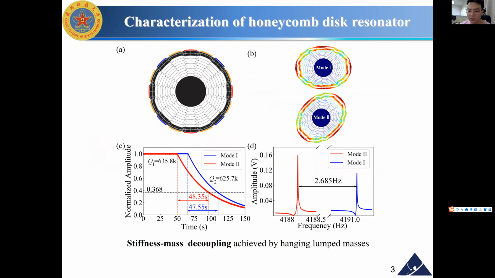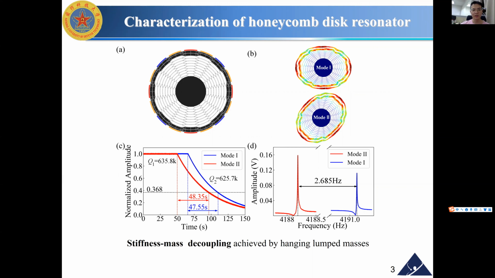The honeycomb disk resonator gyroscope is composed of 16 outer electrodes and several layers of inner electrodes. Stiff mesh decoupling achieved by hanging lumped masses on the resonator is a key process for the design of HDRG to improve the Q factor.